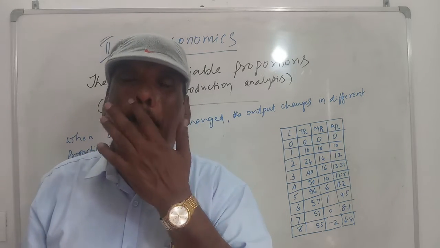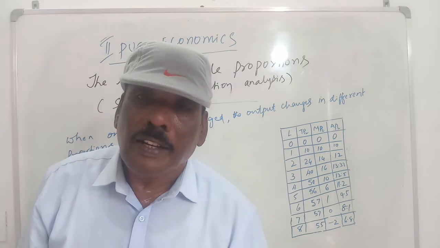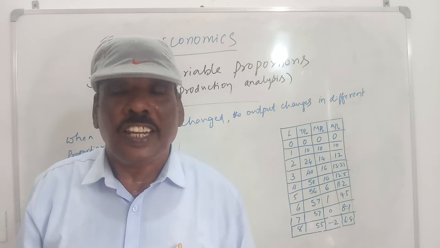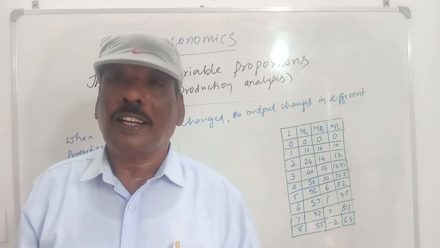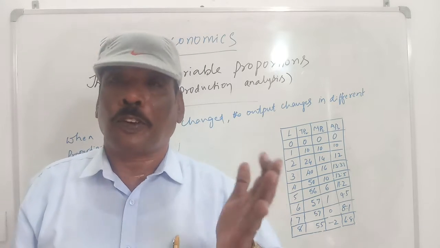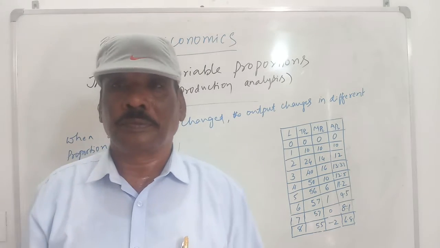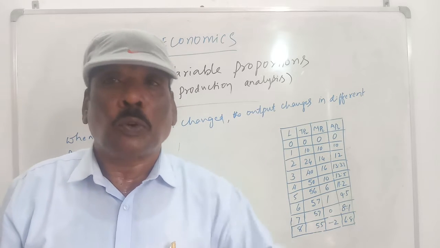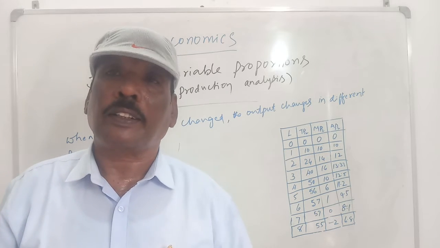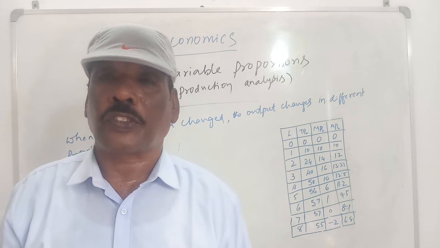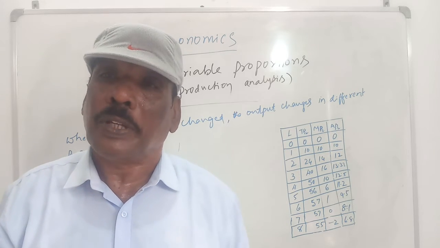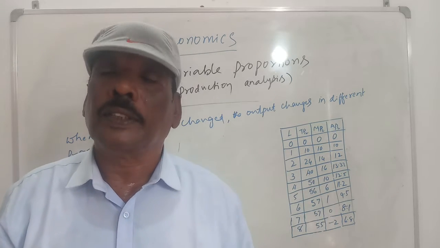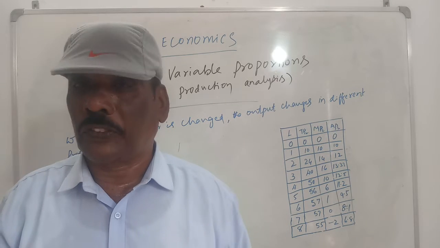Whereas the long run production analysis is studied with the law of returns to scale, where all the factors are variables. No question of fixed factor or variable factor as such. Whereas in the short run period, some are fixed, some are variables.